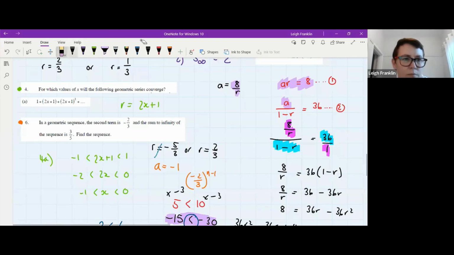It's outside the bracket, not inside. Okay. I'm not sure if anyone else tried it. Did anybody else try it? No one. Okay, Jamie says she got the same answers.